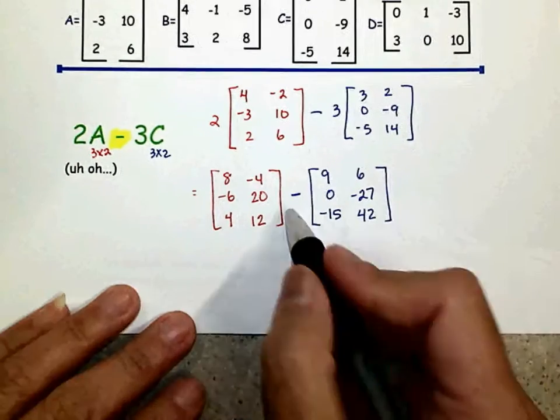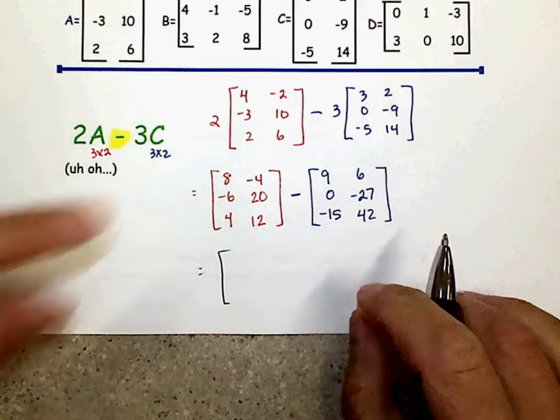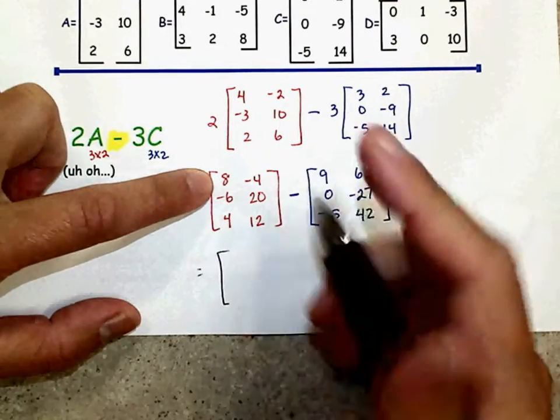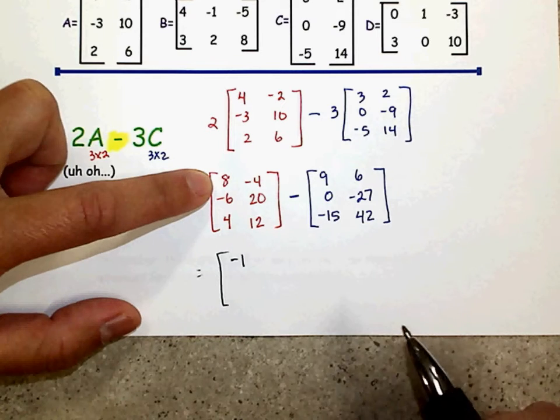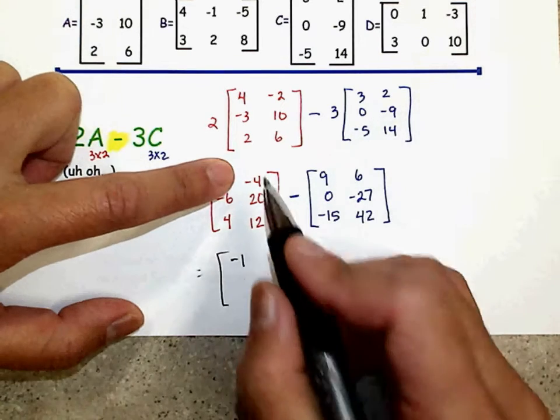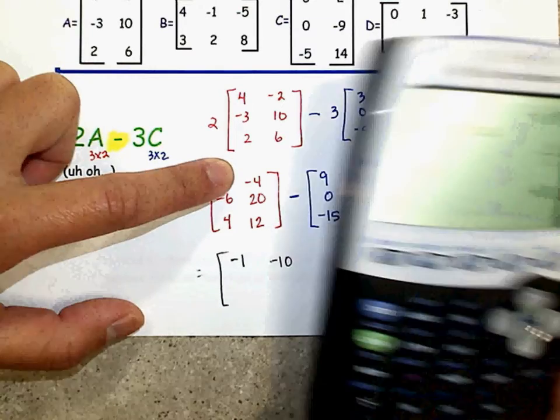Here we go. Go back to what you learned before. 8 minus 9 is negative 1. It'll be 3 rows by 2 columns. Negative 4 minus 6 is negative 10. So you would type it just like this: negative 4 minus 6. You see that?